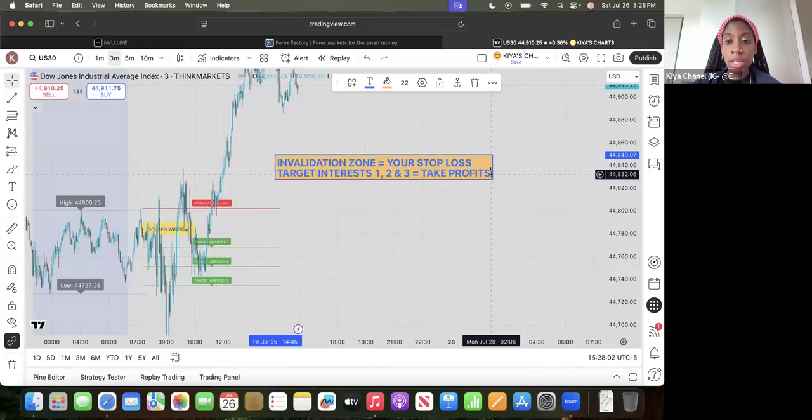Okay. And then you're going to see a yellow box that is the golden window. And that is basically where we enter the market. So that's going to be our entry.